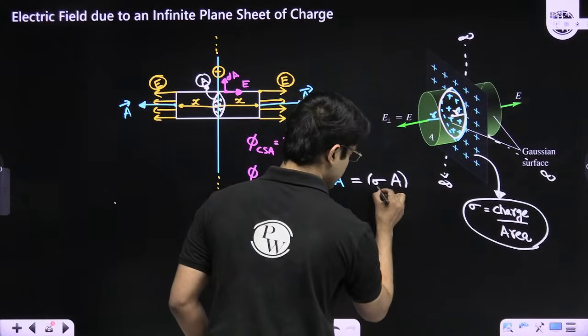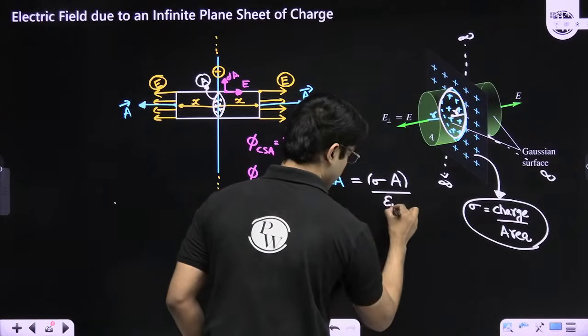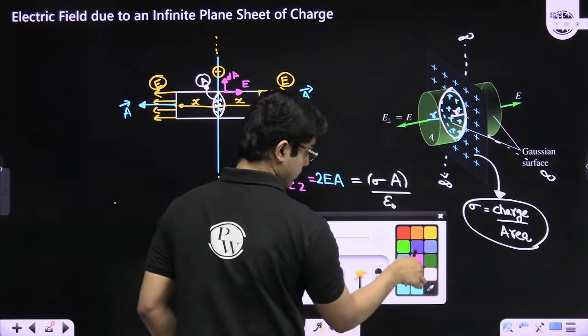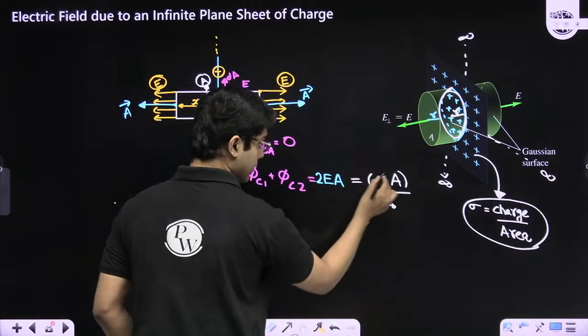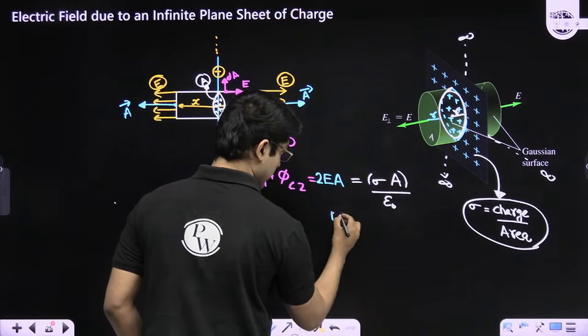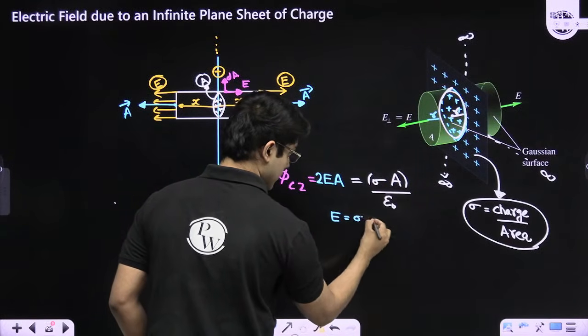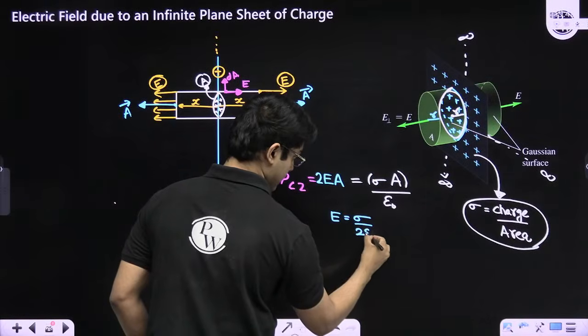So this is Q enclosed, just divide it by epsilon naught and you will get the answer. So the area cancels and the electric field E is sigma by 2 epsilon naught.